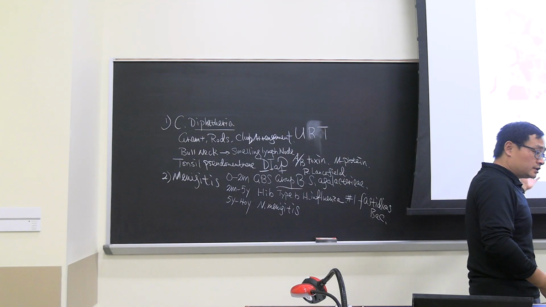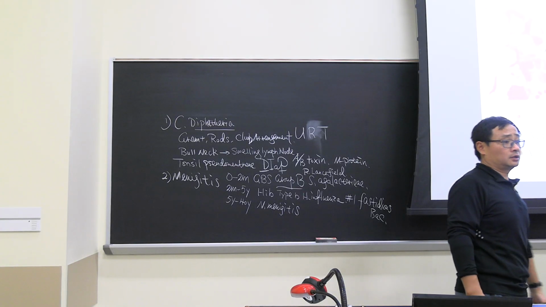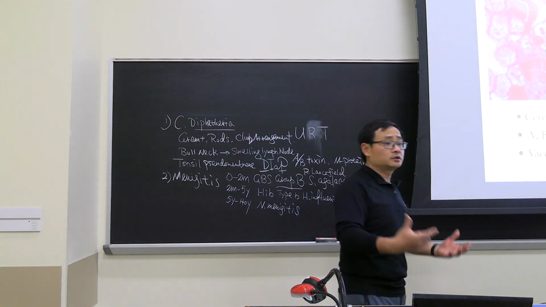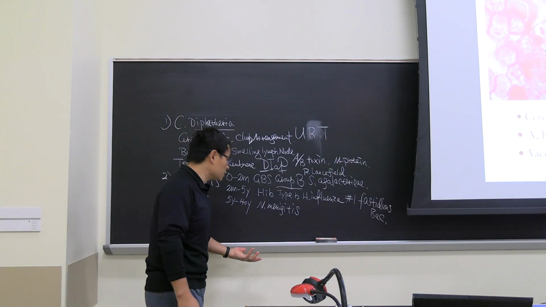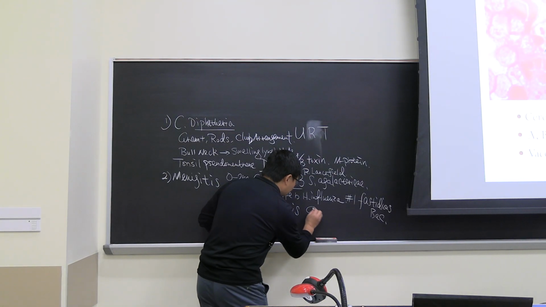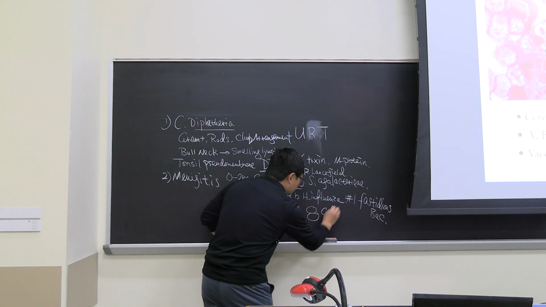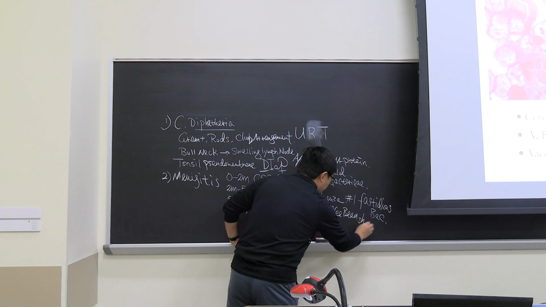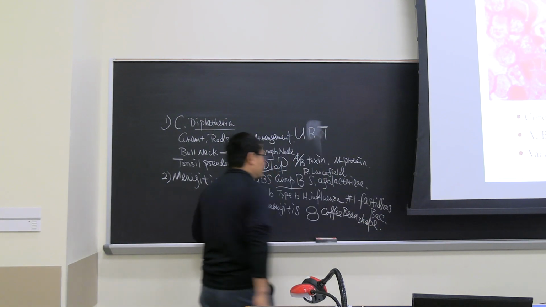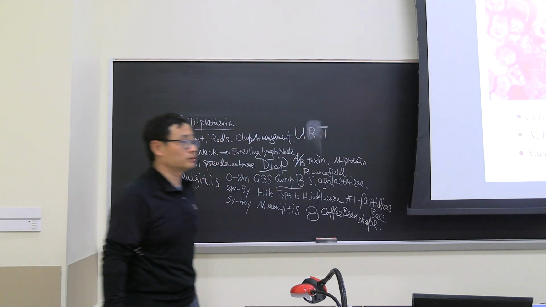It is very easy to diagnose if we have the picture, or we say using staining technology, because the pathogen looks like what? Coffee bean shape. It's a gram-negative diplococcus, coffee bean shape.